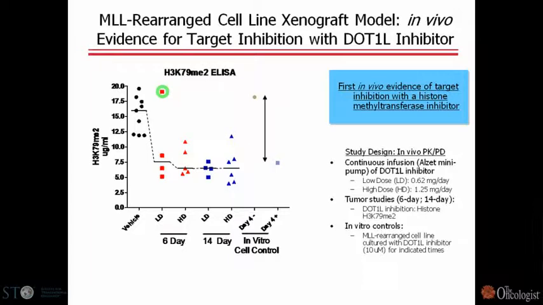And at all of those doses for all that duration, we wiped out the methyl mark to the level of the ceiling of our ELISA assay, with one exception. There was one animal in the low-dose 6-day group that seemed to be an anomaly. Turned out the pump failed in that animal, and no compound was delivered to systemic circulation.